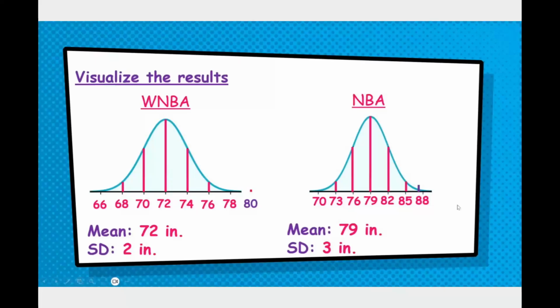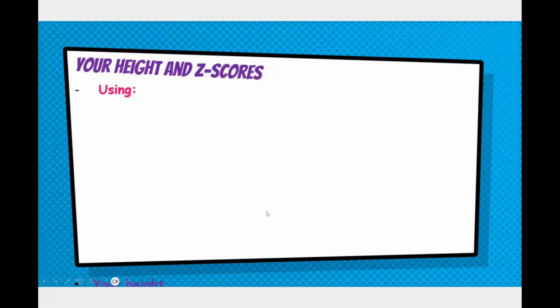Now, that's still high. That's still pretty tall, 87 inches. Okay, that's still quite a bit away from the mean. But which one is more unusual? Definitely the WNBA player.